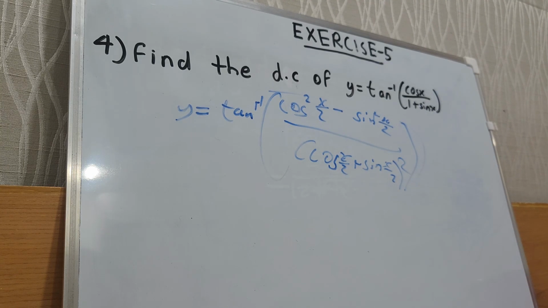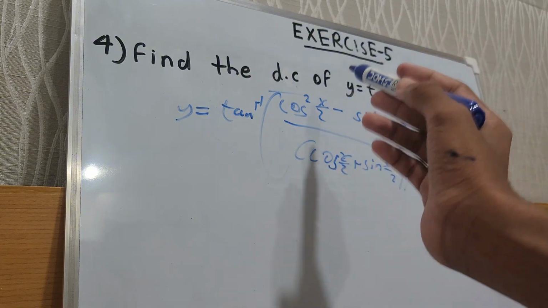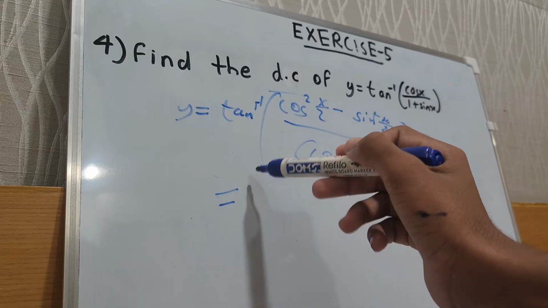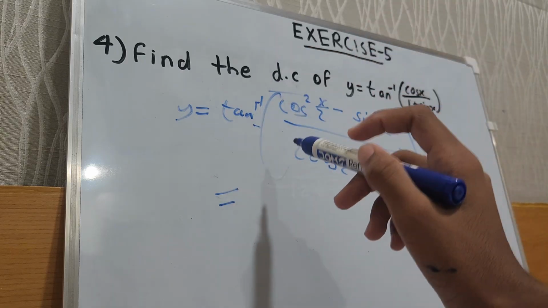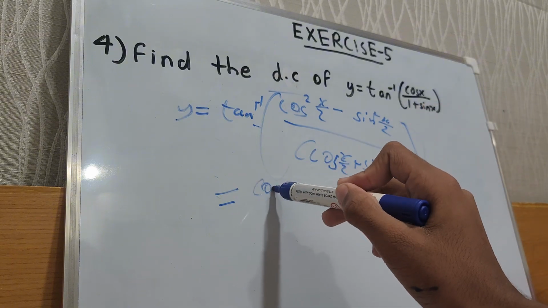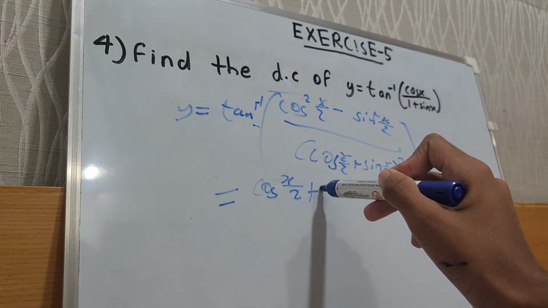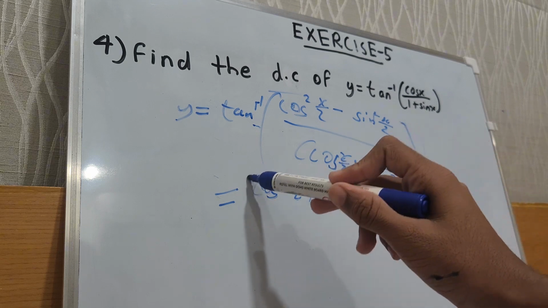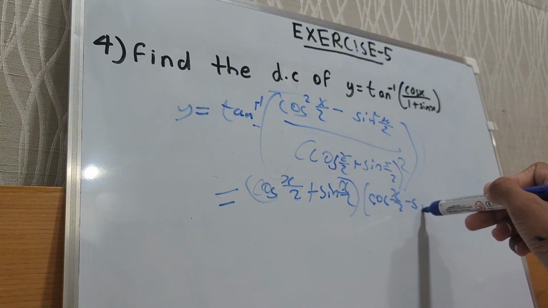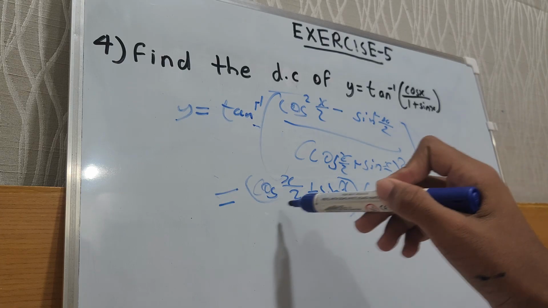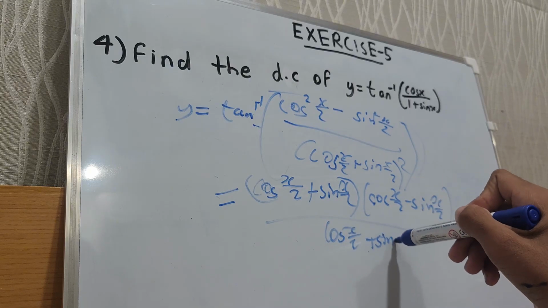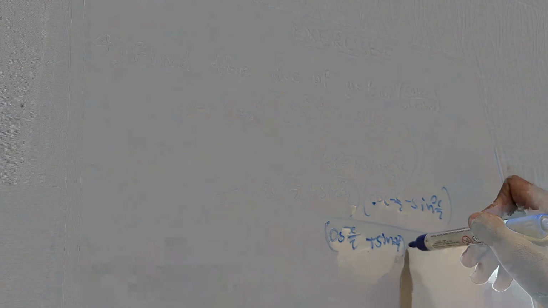Now we're going to do the next step. We'll take the tan inverse afterwards, because I don't think we have enough space on the board. So cos x by 2 plus sin x by 2 into cos x by 2 minus sin x by 2, by cos x by 2 plus sin x by 2 whole square.